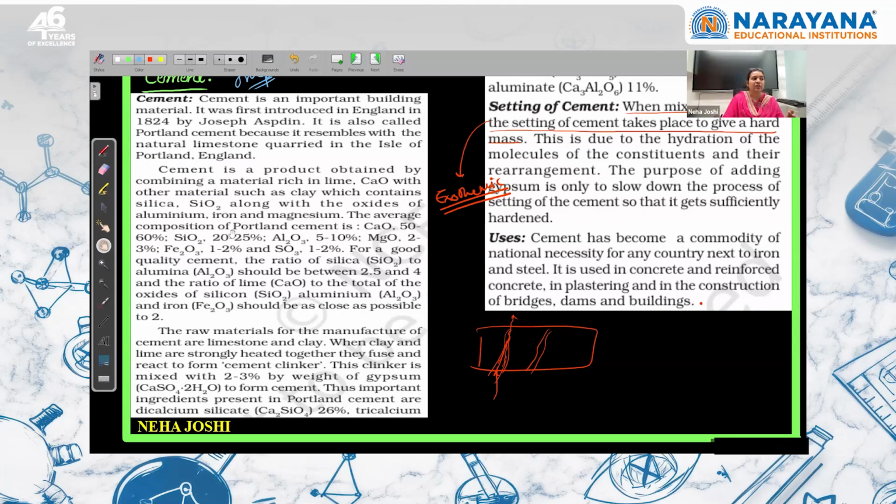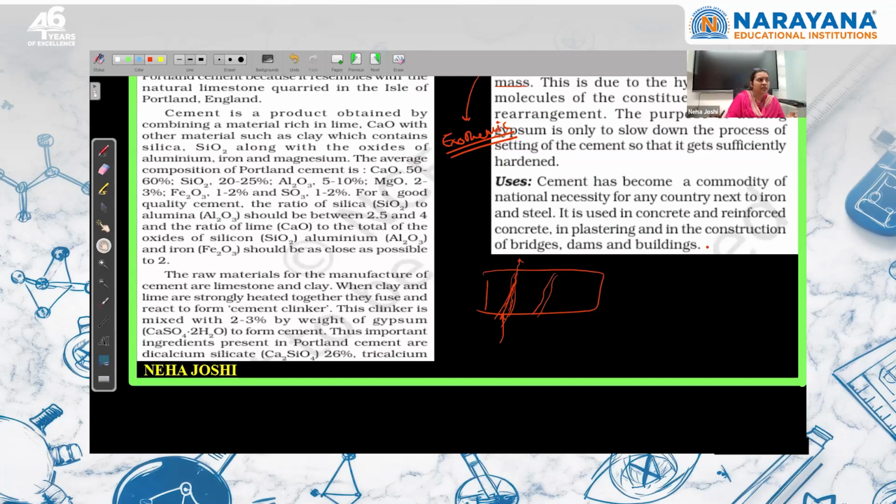The second major is SiO2, and then come Al2O3 and Fe2O3. For a good quality cement, the ratio of silica to alumina should be between 2.5 and 4, and the ratio of lime to the total of the oxides SiO2, Al2O3, and Fe2O3 should be close to 2. This is important. You have to remember this line.